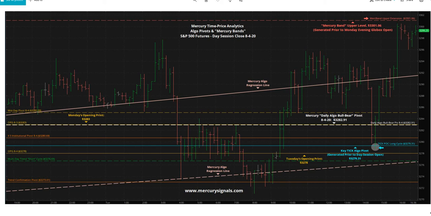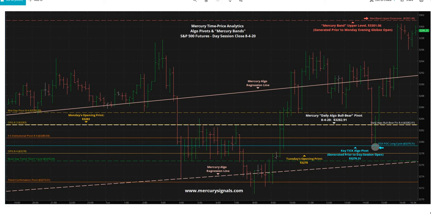Yesterday, Tuesday the 4th. One of the things that you should put on your chart as soon as the day session opens at 9:30 Eastern time is the opening print, the opening tick at 9:30. There's nothing complicated about it. There's nothing algorithmic about it, but it's important to always monitor how the price action trades relative to where the day session opened.